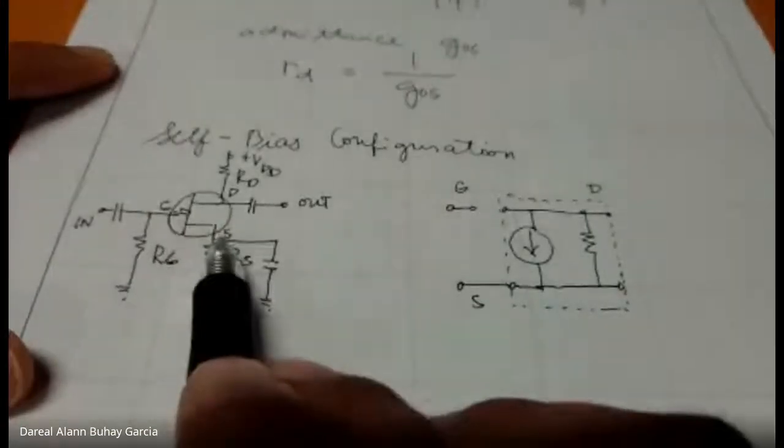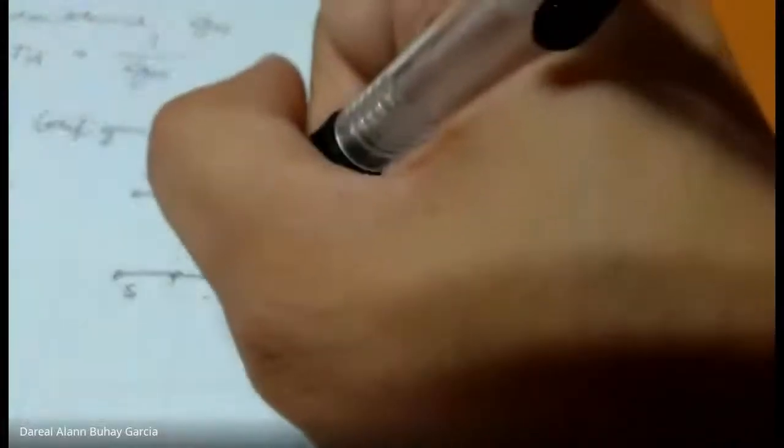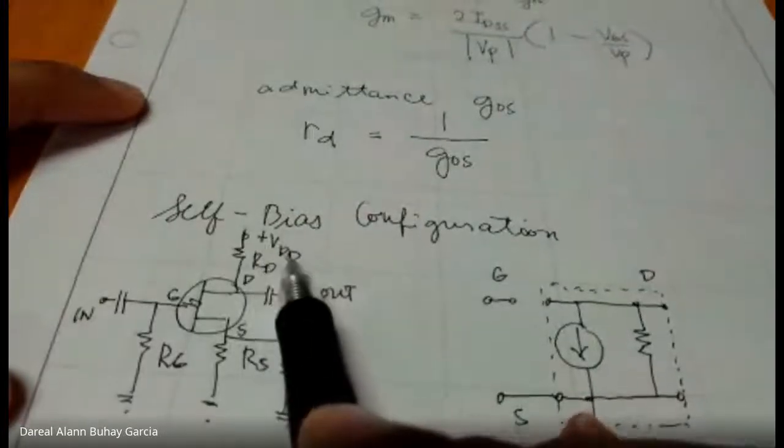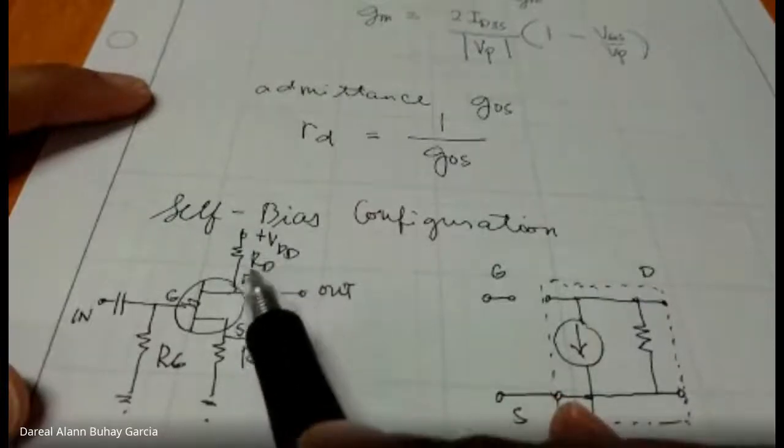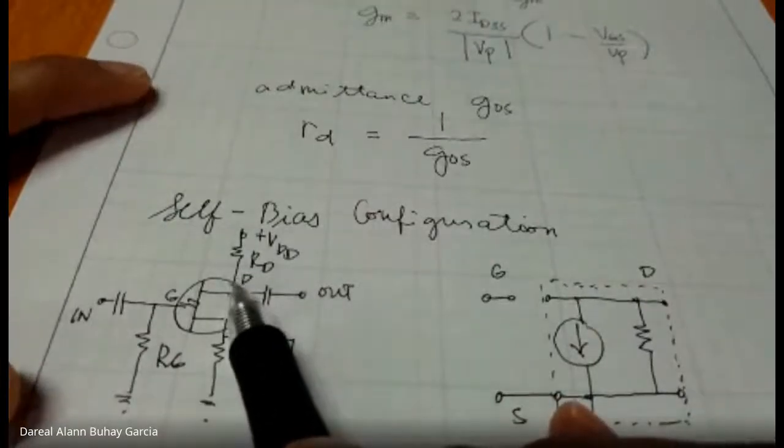Since the source is connected directly to the ground because of this capacitor, this is the ground. Since VDD is shorted, RD is connected directly to ground, and its other terminal is connected to the drain.